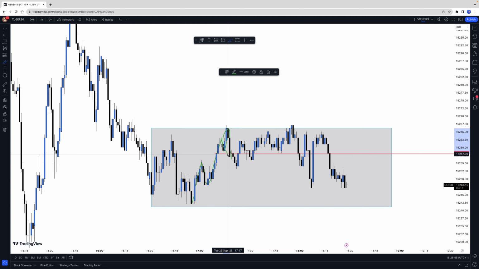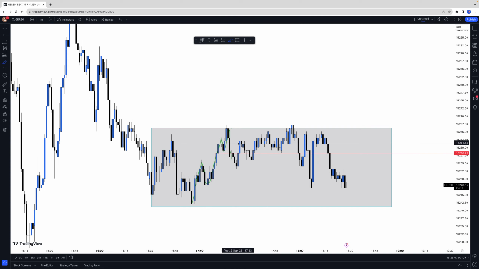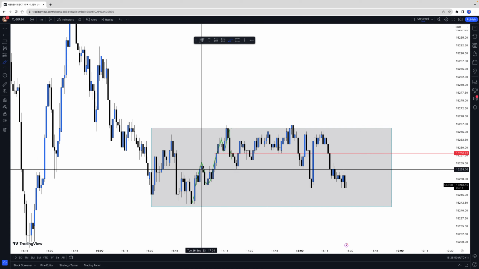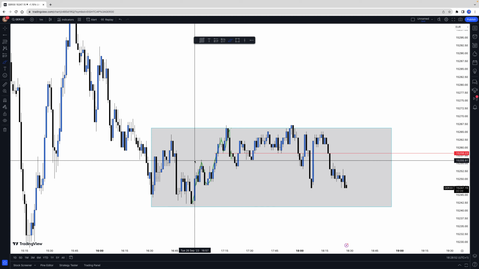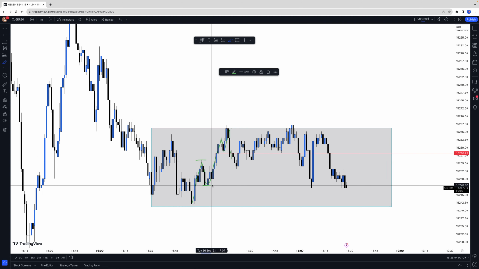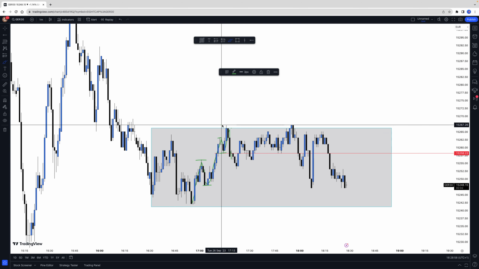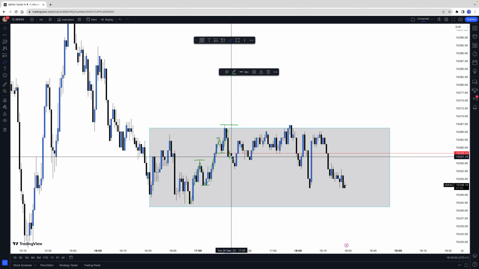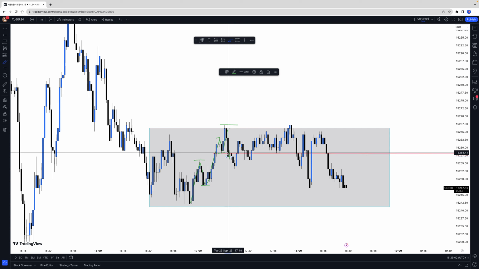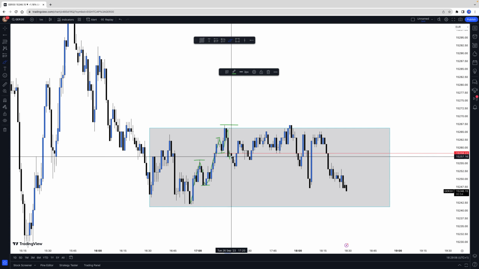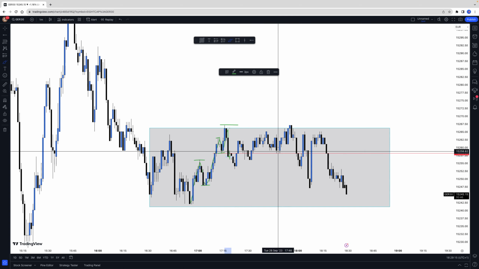So we have high, higher low, high, higher low, high, lower low. Once a candle closes below a higher low, that is a break of structure to the downside. So when this candle closed below this higher low, this is a break of structure to the downside, and then you could anticipate that we're going to head lower, as you can see to my right.